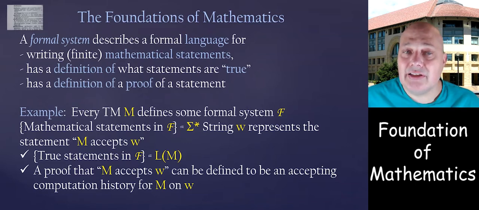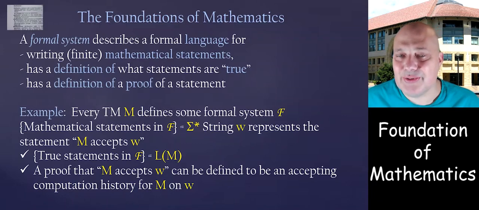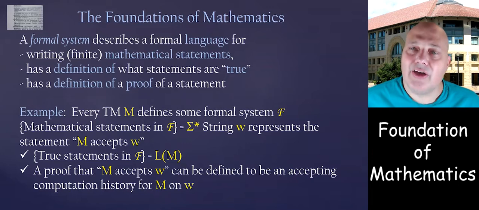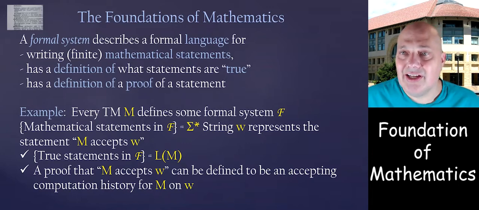Every string W represents a mathematical statement that M accepts W. The true statements are all the strings that M accepts, meaning the language recognized by M. And a proof that M accepts W can be defined by a computation history of M on W, a computational path of M on W that accepts. So this is an example of a mathematical statement.